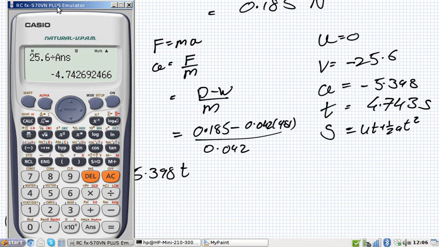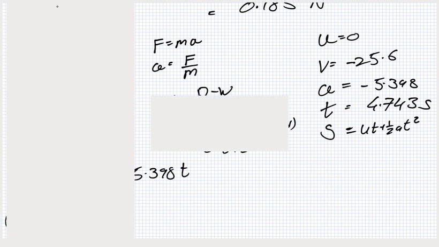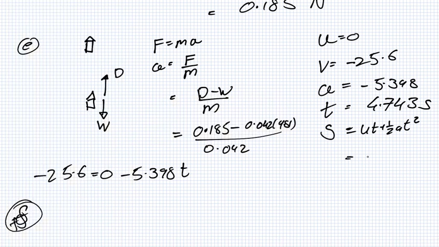So then a half a t squared, and this is all minus. So that's 60.7 meters minus. So how much further does it have to go?